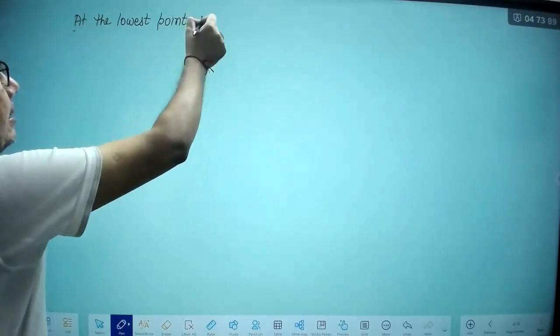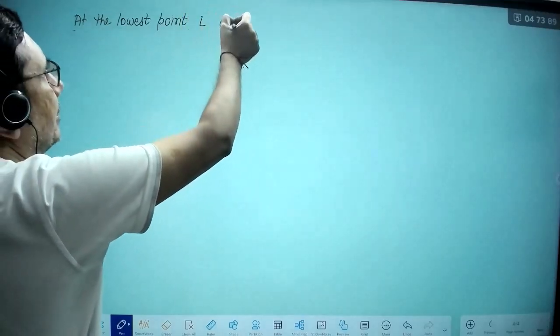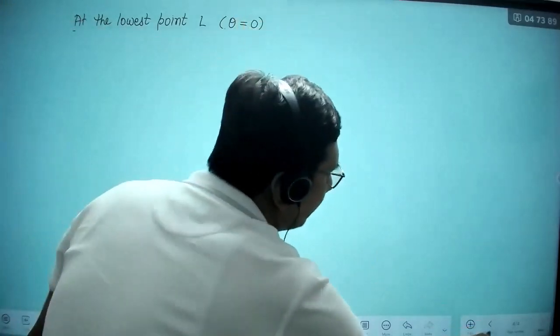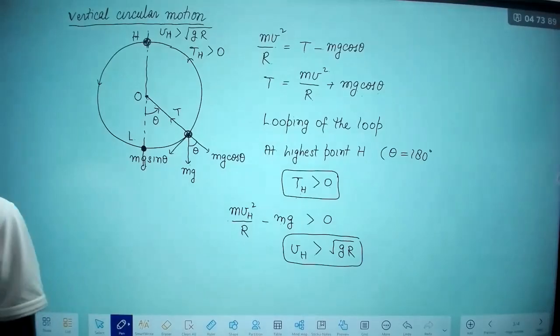At the lowest point L, what will be theta? Theta will be 0. Please look at this.